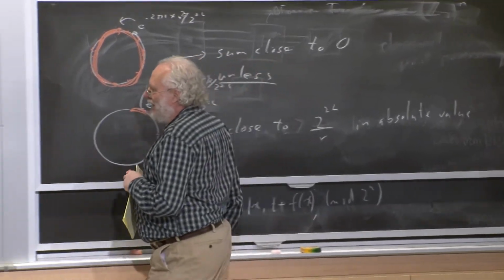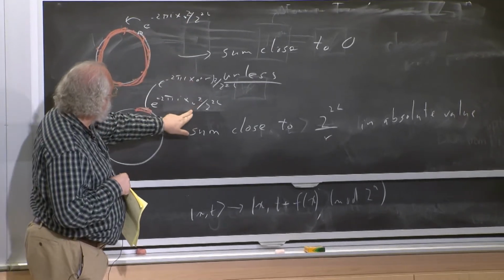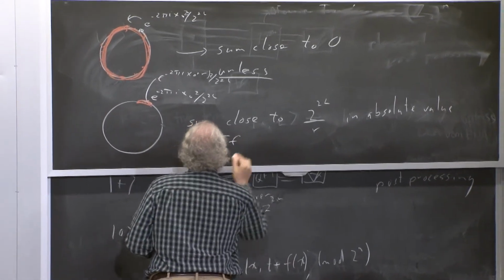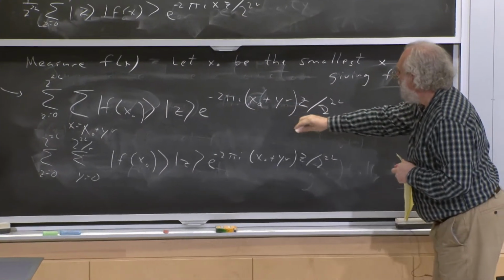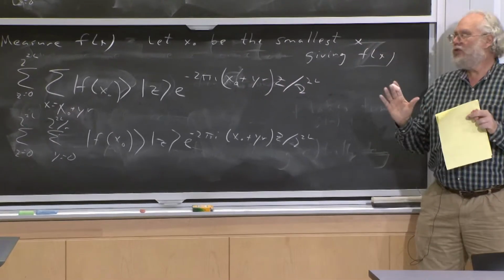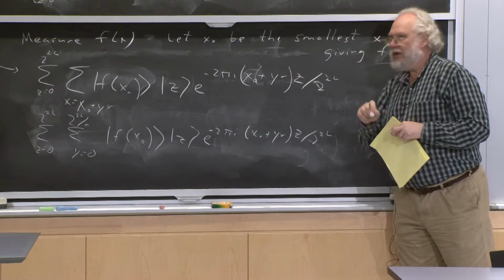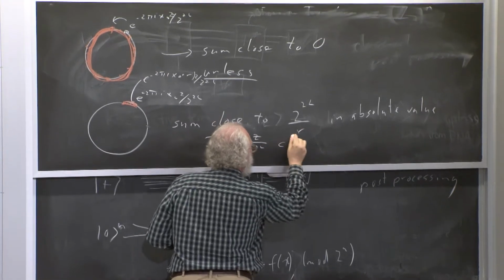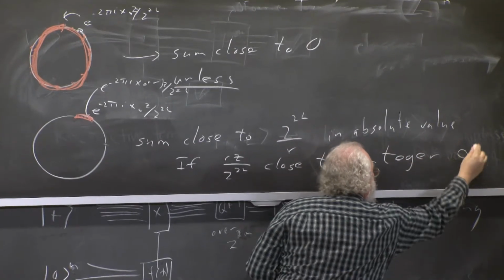So there's two cases here. If 2 pi i rz over 2 to the 2L is close to 1, which means rz over 2 to the 2L is close to an integer, and let's call that integer d.